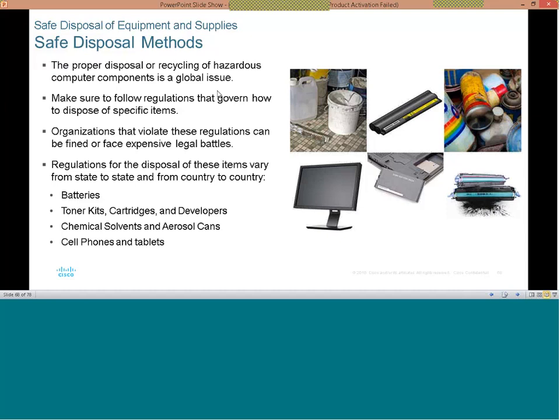If they're not properly disposed of, they can actually cause environmental hazard. So there's a need for proper disposal. All these are not supposed to be thrown out anyway, so they have to be properly collected. But then different countries have their regulations, and so you have to stick to the regulation in your own country.